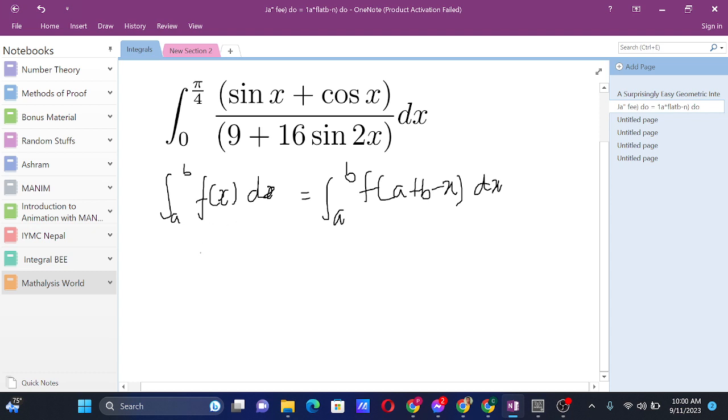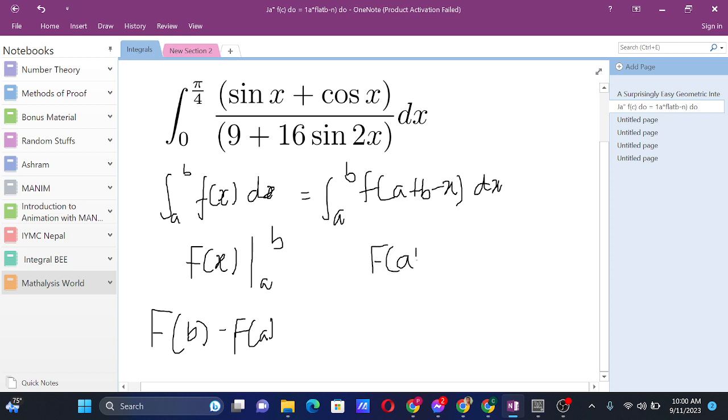If you want to integrate it, let's say f of x is the derivative of capital F. Then from a to b we get capital F of b minus capital F of a. And if we use the other form, we get capital F of a plus b minus x by minus 1 from a to b.